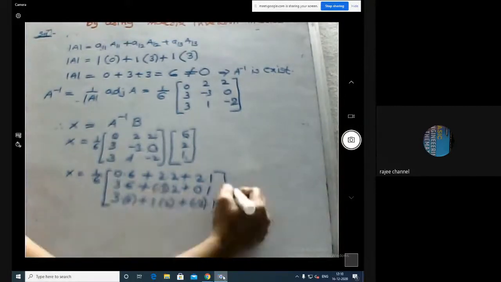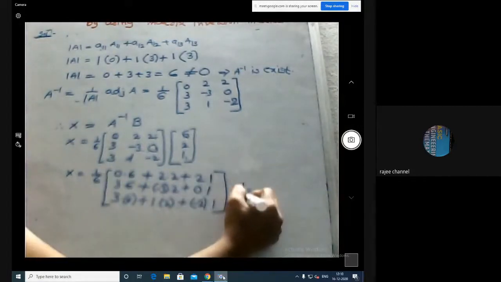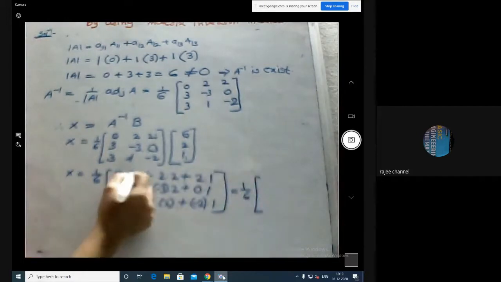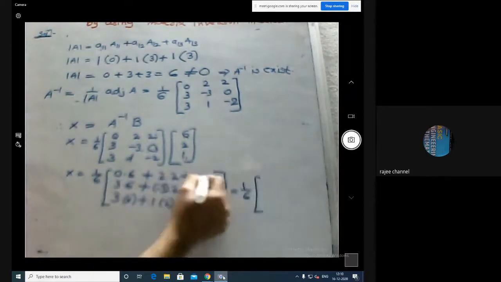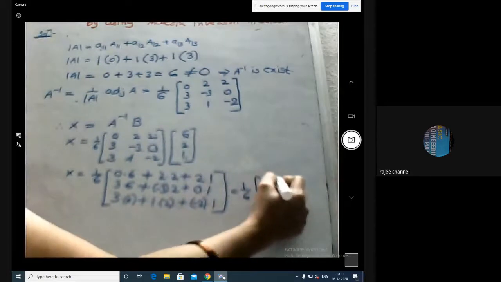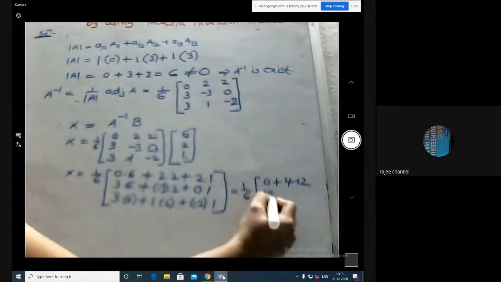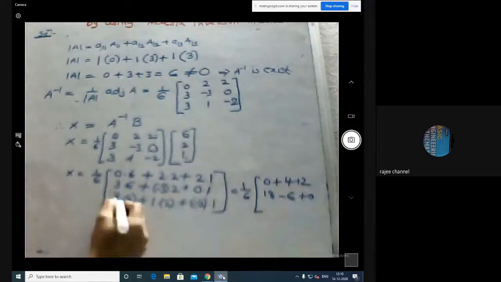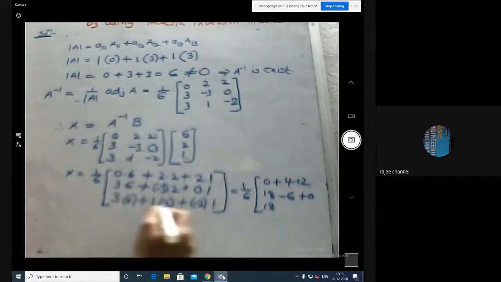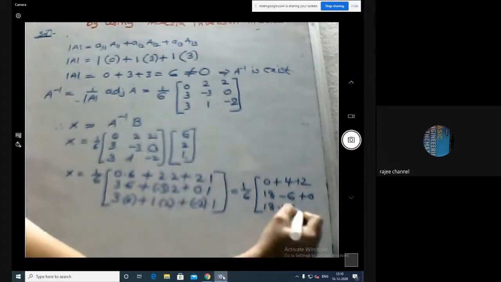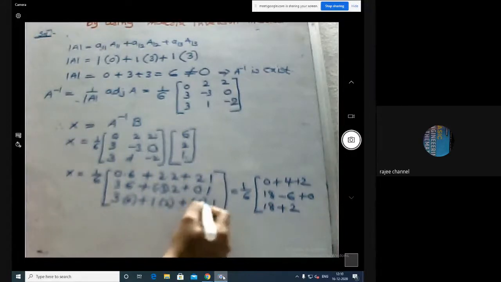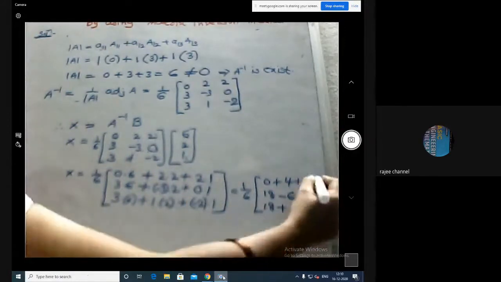Now this value is equal to 1 by 6 into 0 plus 4 plus 2. Next 3 into 6 is 18, minus 3 into 2 is minus 6, plus 0 into 1 is 0. Next 3 into 6 is 18, plus 1 into 2 is 2, plus minus 2 into 1 is minus 2.